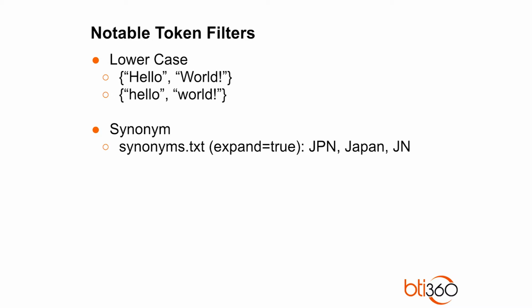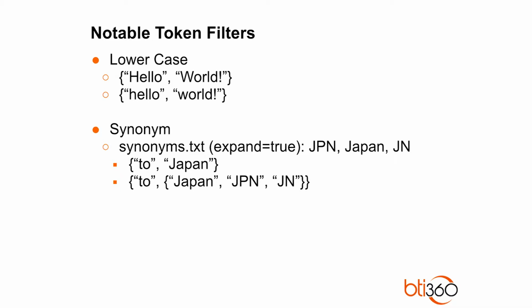All right, so this is an interesting one, synonym. So I've got a synonym file with expand set to true, with Japan, JPN, and JN. So I want to get the ISO country codes for Japan, really. And I want to plug these synonyms in. So if I've got a token stream of "to Japan", what do you think the output would be? How about this? All right?